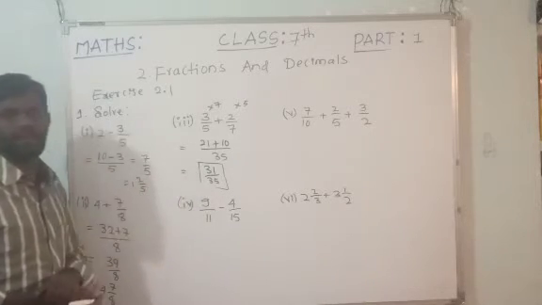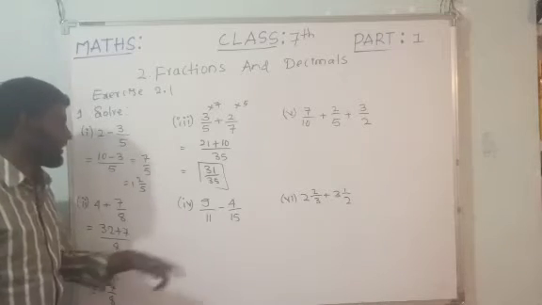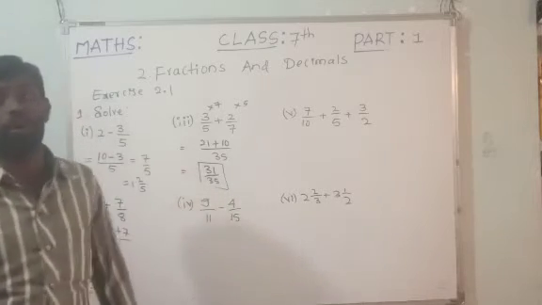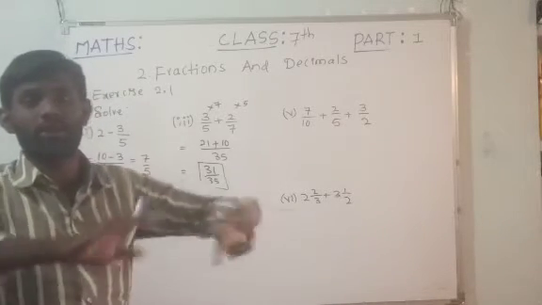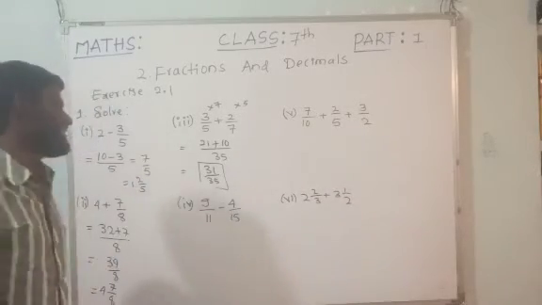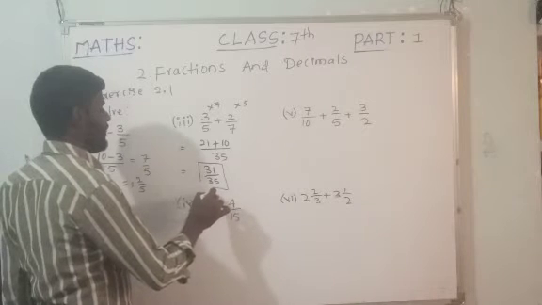9 by 11 minus 4 by 15. See once again, 11 and 15, these two numbers are co-prime numbers because there are no common factors between 11 and 15. That's why multiply here by 15.